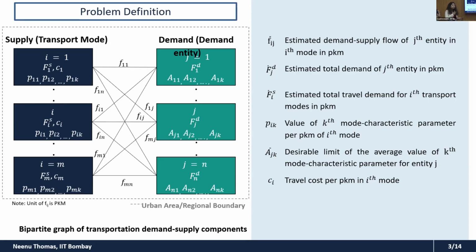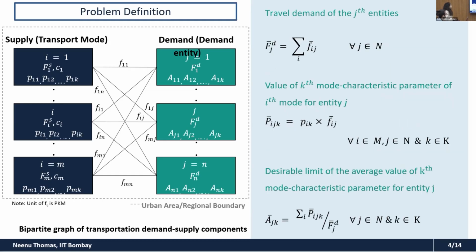So I might have a desirable limit in a day. Like let's say if I'm going for work, I might be willing to travel 2 hours in a day, to and fro. But sometimes if I'm just going grocery shopping, I might not be willing to travel more than 30 minutes. So there will be a limit to such transport mode characteristics, which is represented in terms of AIJ.